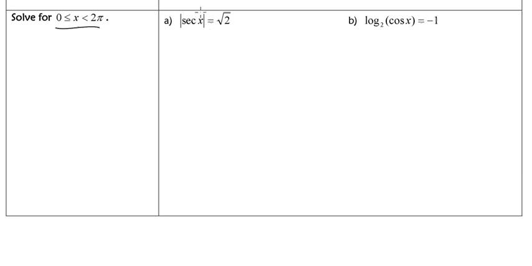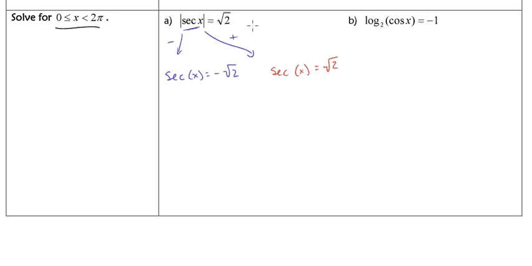So absolute value. Remember, when we have an absolute value, we split it into two different equations: one where the value inside is negative, and one where the value inside is positive. So we have that the secant of x is equal to negative root 2 as our first equation, and we also have that the secant of x is equal to positive root 2.